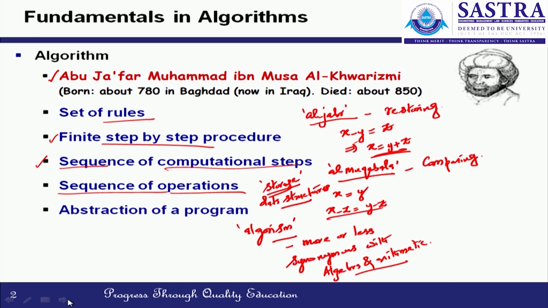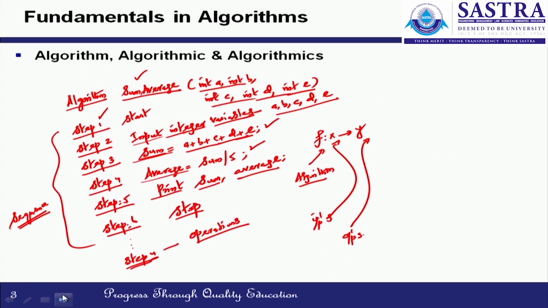For example, in our algorithm, sum average, we have defined some variables a, b, c, d, e, which are integer variables. And we defined a variable, for example, sum, as a floating point variable. Let it be float sum is equal to a plus b plus c plus d plus e.